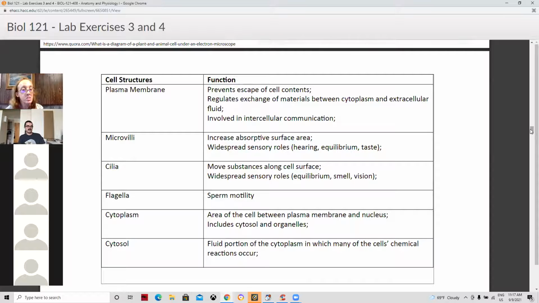They each have their specific functions that allow for the whole cell to function, just like your organs do within your body. The cytosol is the fluid portion of the cytoplasm in which many of the cell's chemical reactions occur.